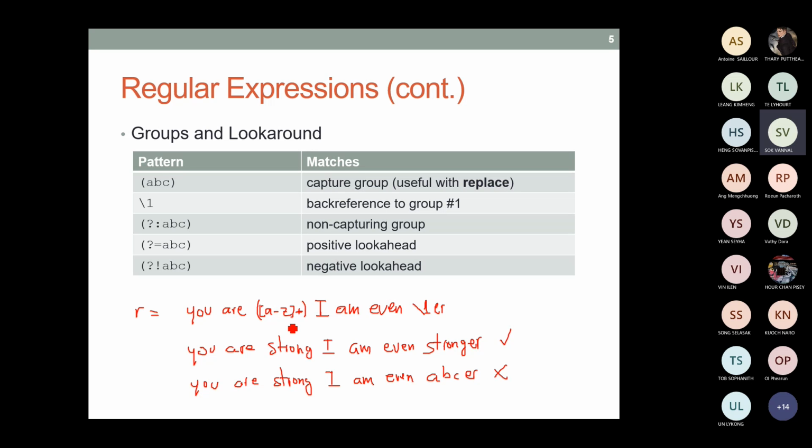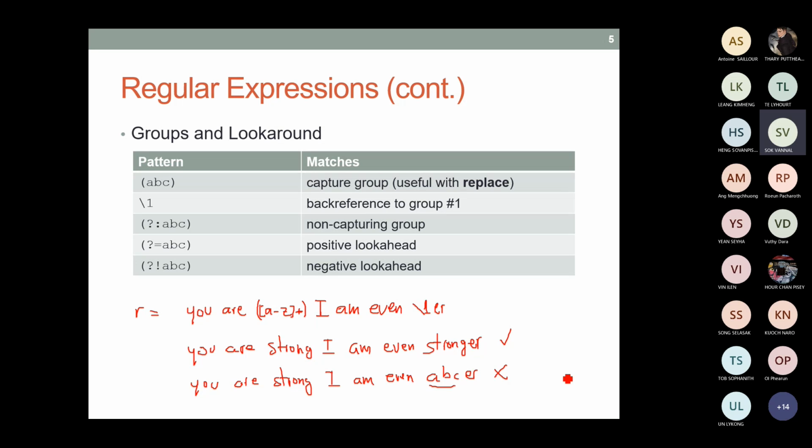You can see that the group is a-z plus, so any sequence consisting of letters from A to Z. ABC also satisfies this pattern, but because we use a back reference, it has to be exactly the same as the text we see in this group, in this location. So this one is strong, and this one needs to be strong as well, so that the regular expression can match the text.